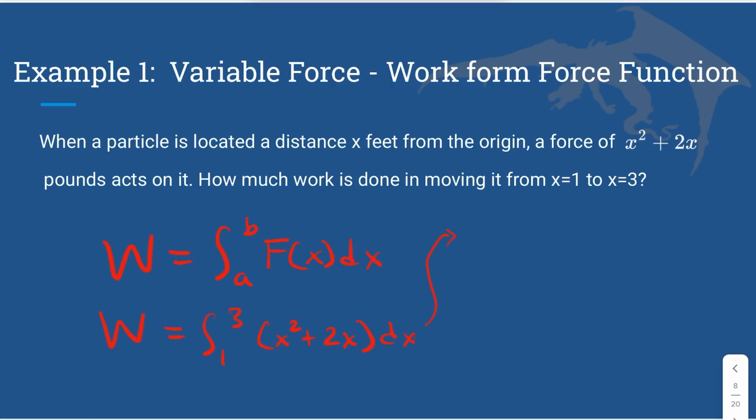We get one third x cubed plus x squared, from 1 to 3. And we evaluate that with a quick substitution.